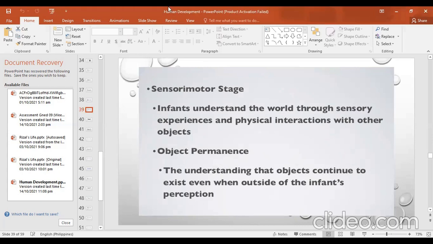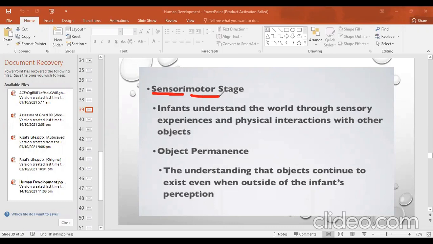When we talk about the sensory, it has something to do with your senses. We gather information about the world we live in through our senses, for example, sense of taste, sense of touch, and many more.